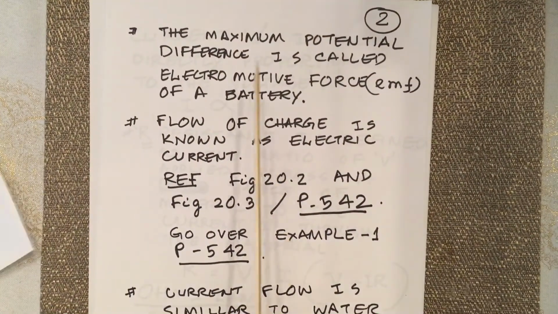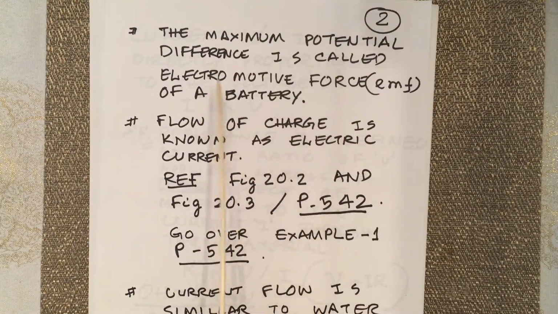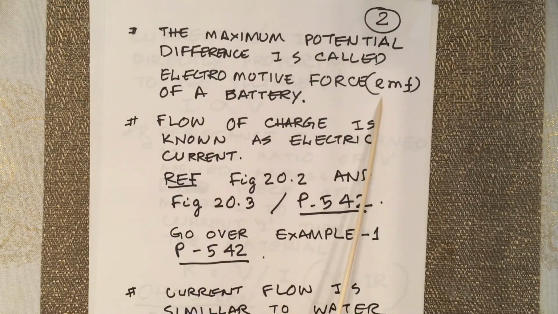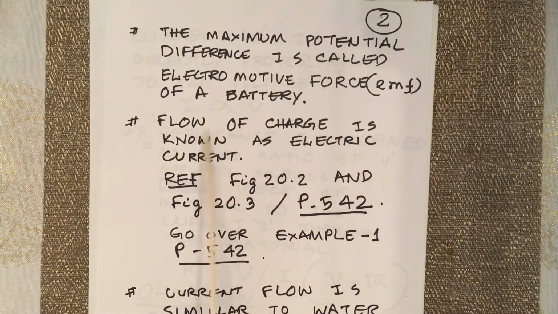Now we can define the maximum potential difference that exists between the terminals of a battery as electromotive force, and to define the current, we can measure the flow of charge from one terminal to the other terminal, which is electric current.